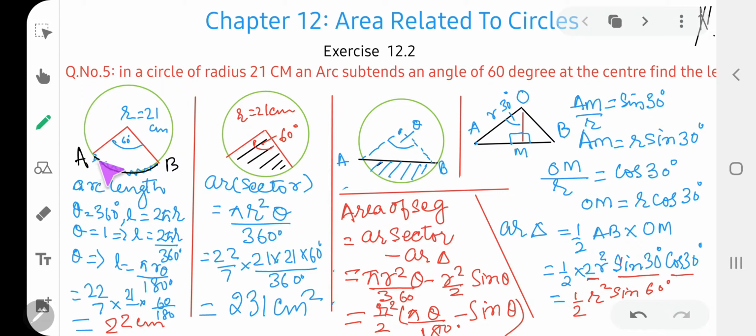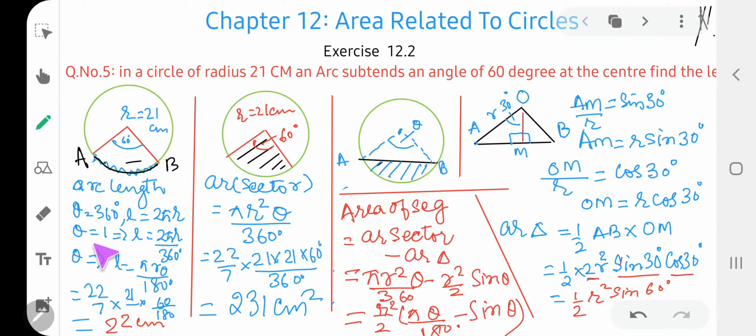Children, if I start from this point A, move along the circle and reach the point A once again, that means I am moving on the circumference of the circle. So this length of arc from A to A is the total circumference of the circle, and when I am moving like this, I am moving an angle of 360 degree. So if theta is 360 degree, arc length is 2 pi r.